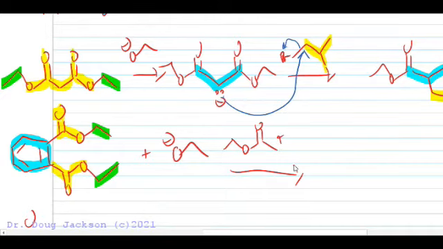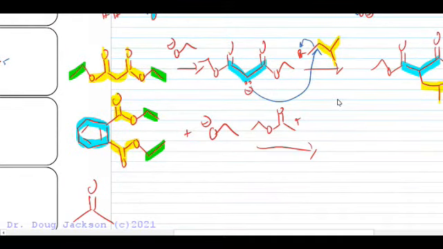So what this does is it generates, in an acid-base reaction with ethoxide, the enolate form, or alpha carbanion if you prefer, of ethyl acetate in very low concentration. What else is in low concentration? The original dropwise addition or slow addition of ethyl acetate.